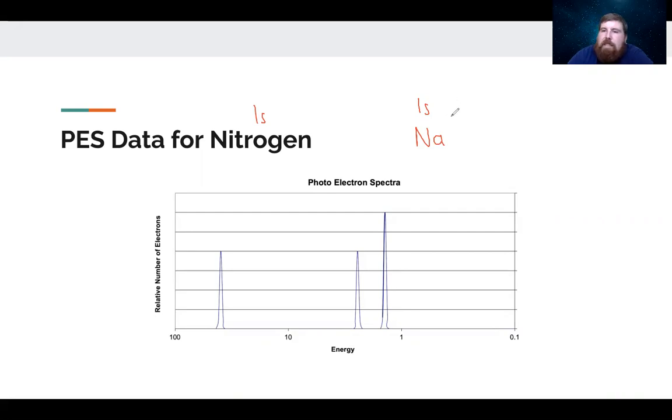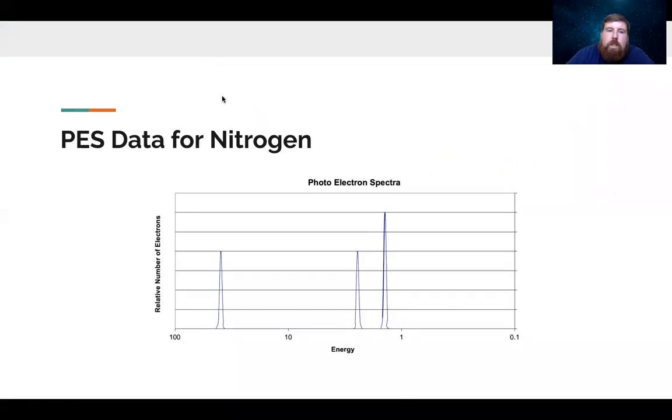And the reason for that is because the sodium atom has more protons. And because it has more protons, there's a more positive charge within the nucleus. And that positive charge is effectively better at attracting electrons that are in the same subshell. So the 1s peak for sodium is further to the left, or has a greater number than nitrogen does, because it has more protons.